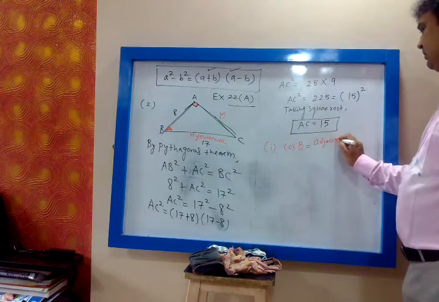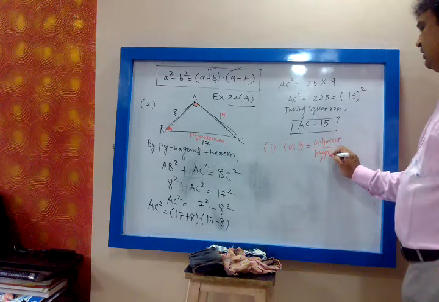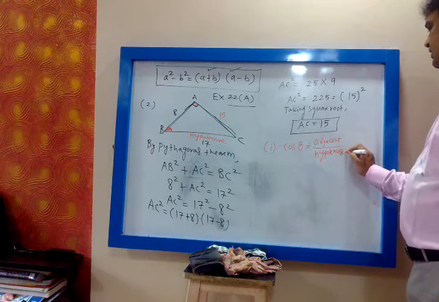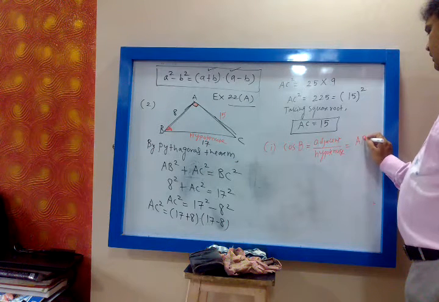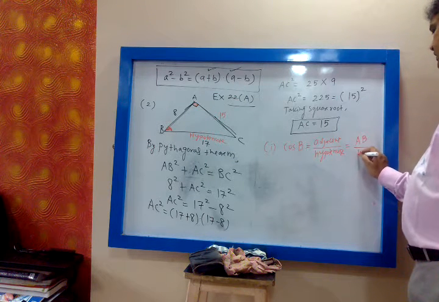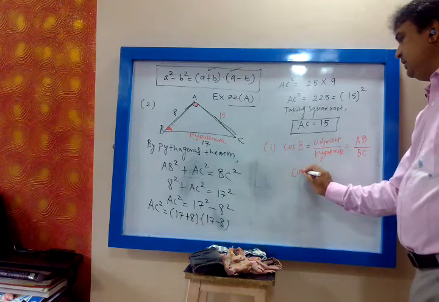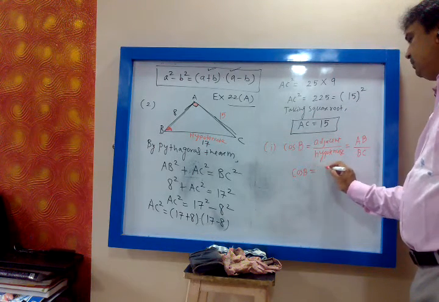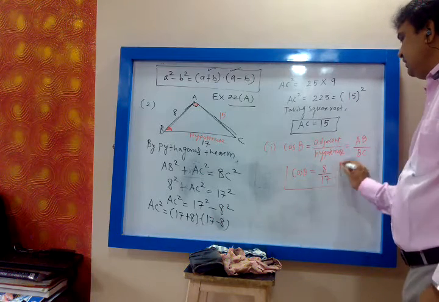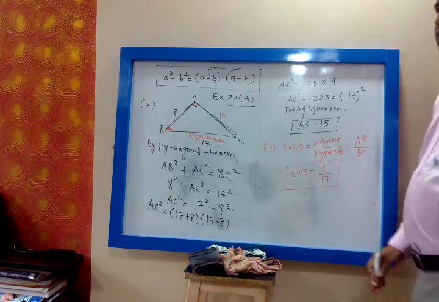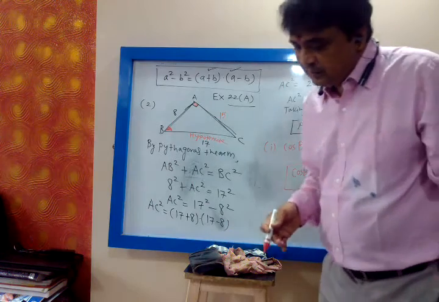So what is the adjacent side? Adjacent side is AB upon hypotenuse is BC. AB is 8. So cos B is 8 upon 17. Yes. So whichever angle is given, that you consider as reference angle.